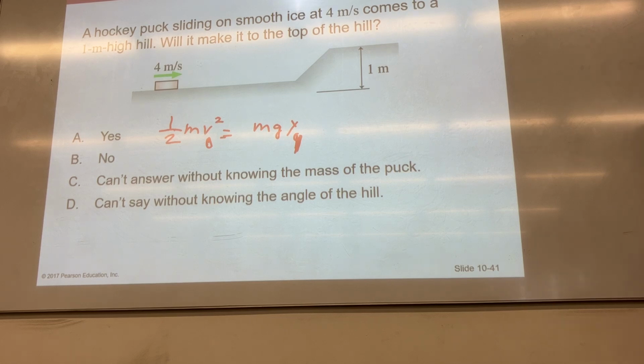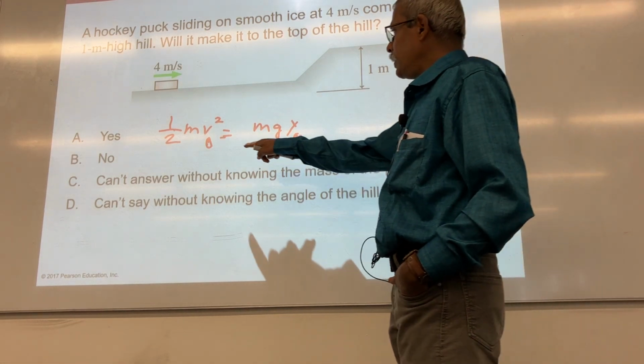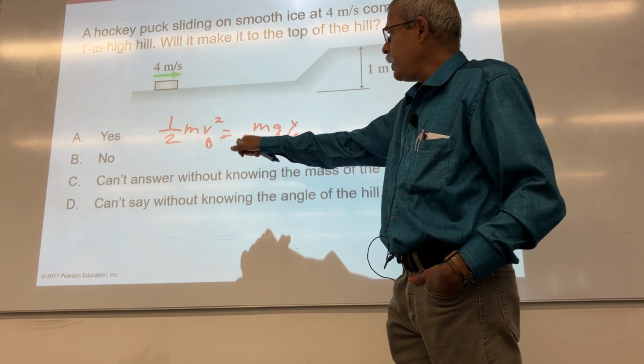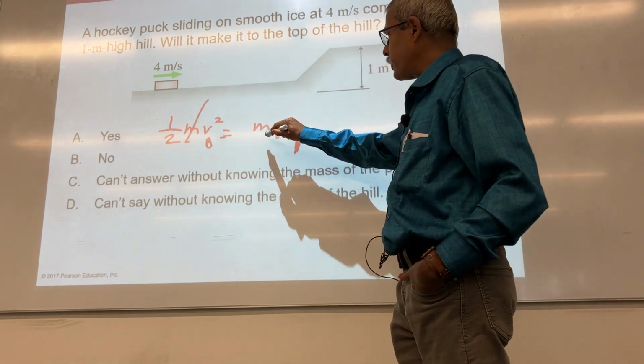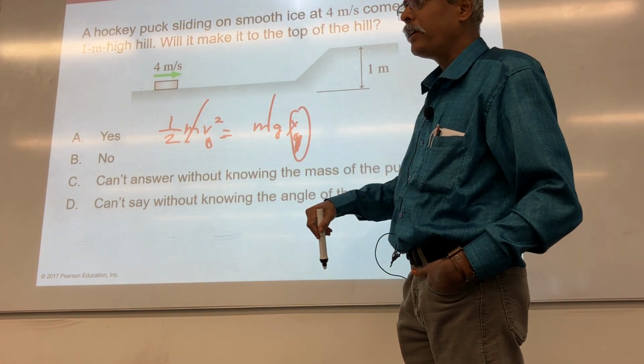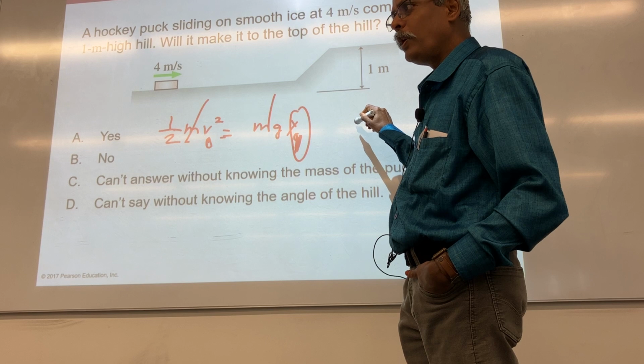I want you to calculate: you put the initial speed here, the masses cancel in this equation, then you can get your y1. What do you get? y1.